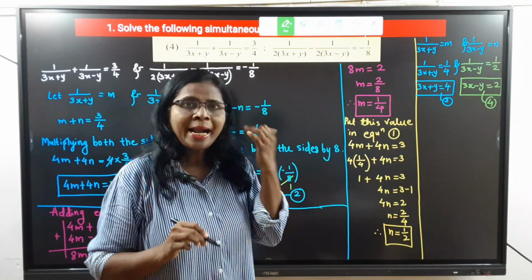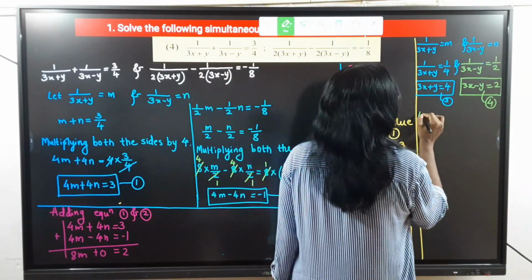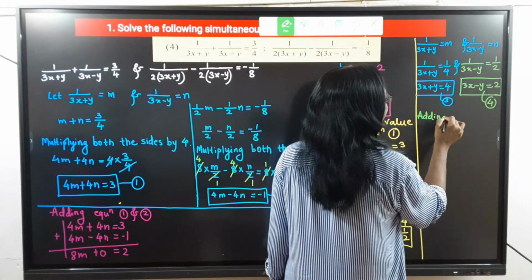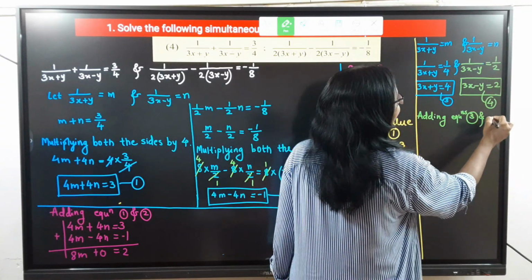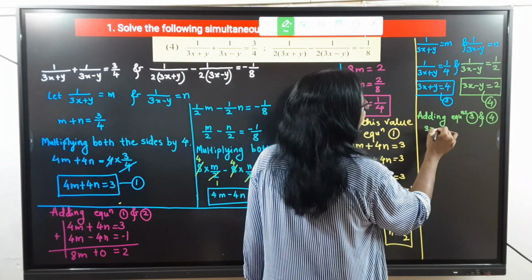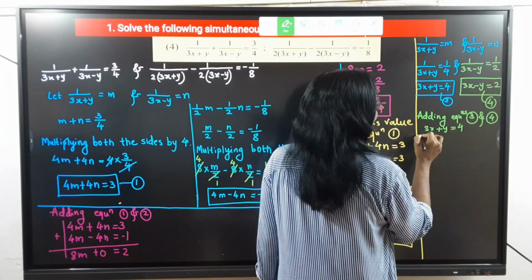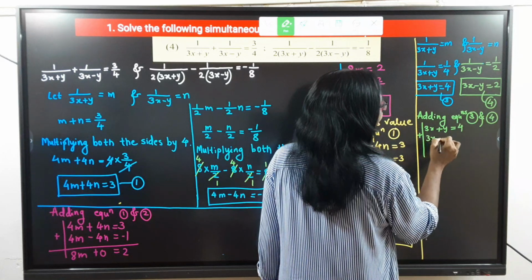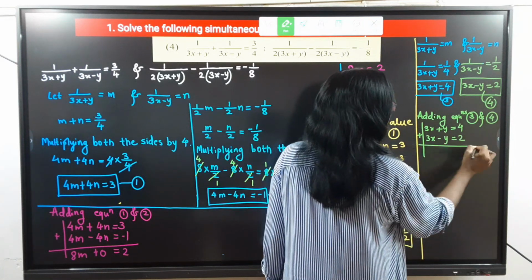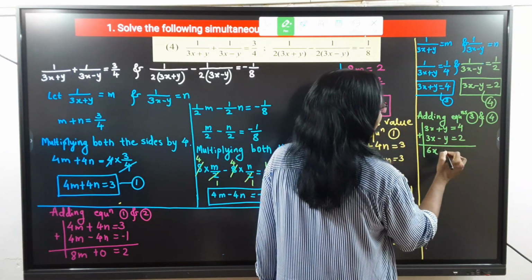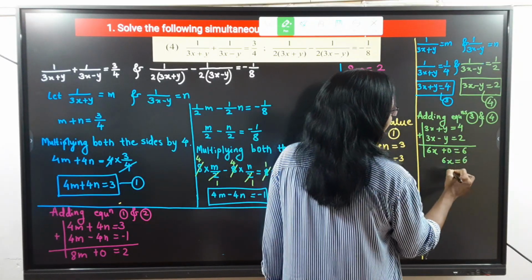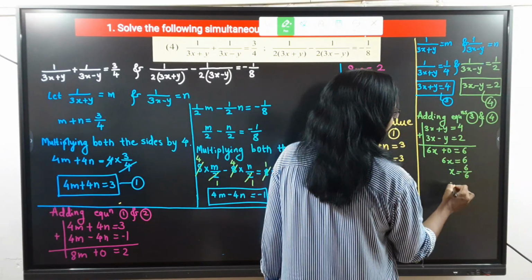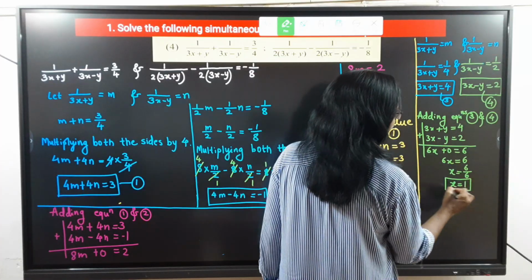Now students, add these two equations. Adding equations 3 and 4: 3x plus y is equal to 4, plus 3x minus y is equal to 2. Therefore 3x plus 3x is 6x, plus y minus y is 0, is equal to 4 plus 2, 6. So 6x is equal to 6, x is equal to 6 upon 6, x is equal to 1.